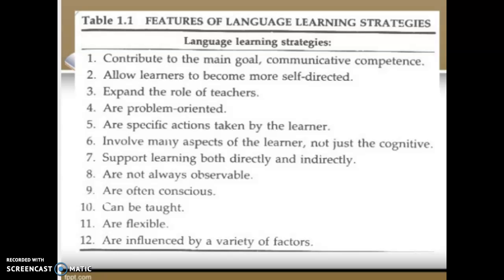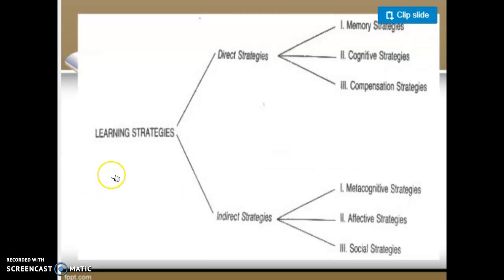Allow learners to become more self-directed. Expand the role of teachers. So here are the features of language learning strategies. You can see here learning strategies can be divided into two: direct strategies and indirect strategies.